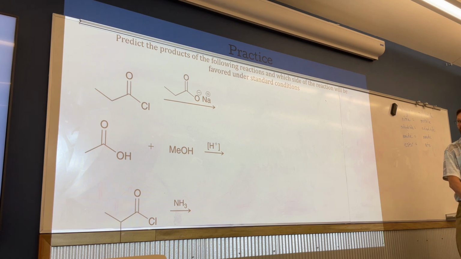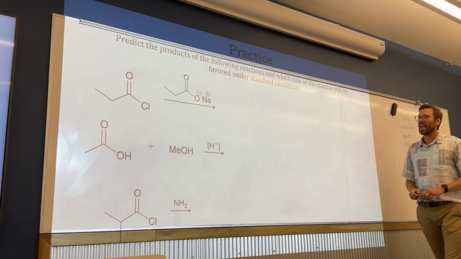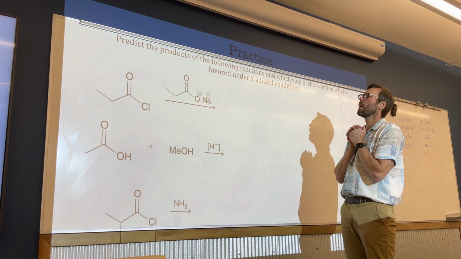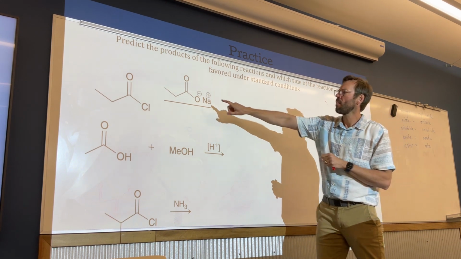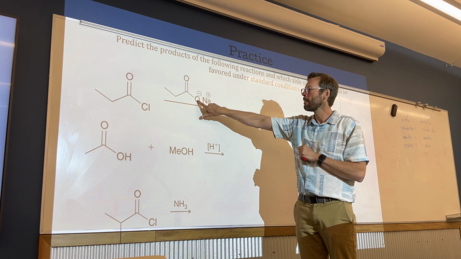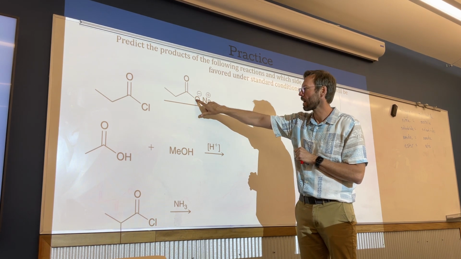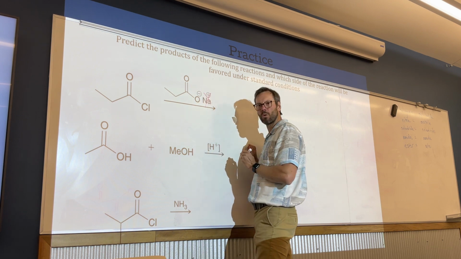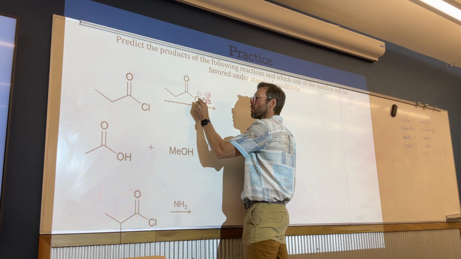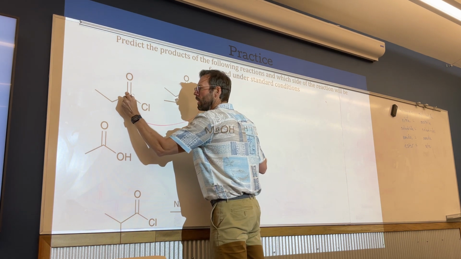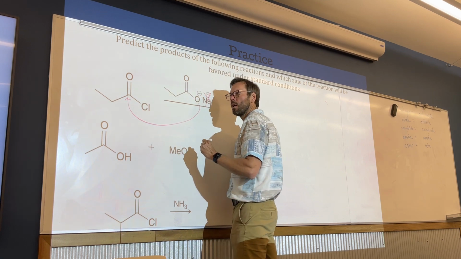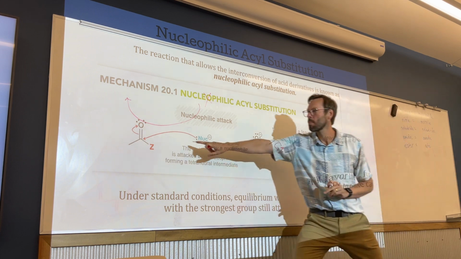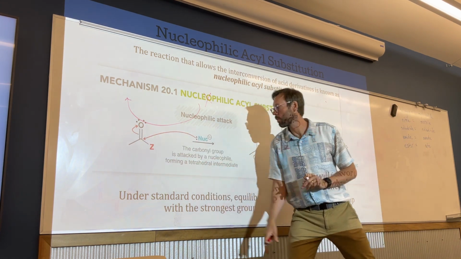So we have an acyl chloride here, and we're wanting to put this on. So this is where it's going to attack. This is the nucleophile, so it's going to dissociate from that sodium, and it's going to put on here. And if we go back to that reaction, what's going to happen to the pi bond? It's going to go up there.